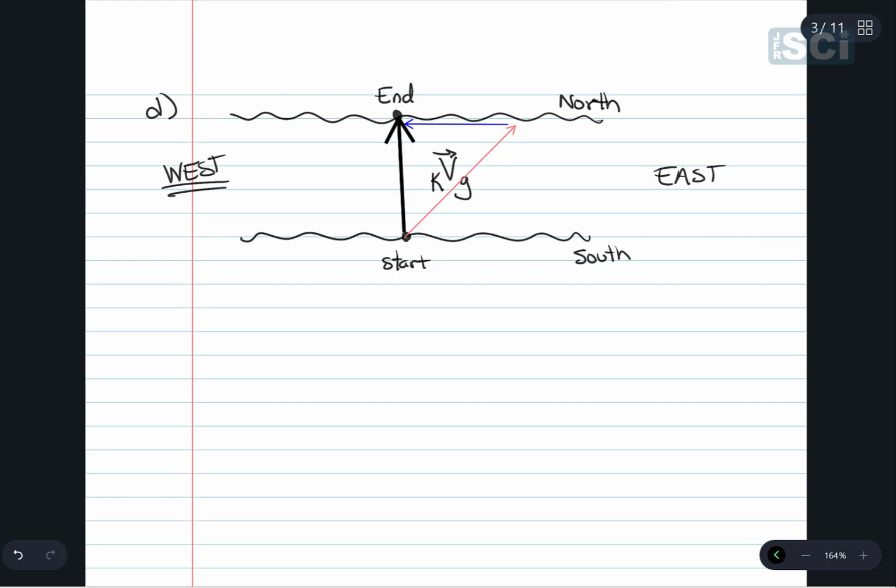So let's think about that. That says that the blue one here is the velocity of the water relative to the ground, and the red one here is the velocity of the kayaker in the water, because that's what I'm going to do. I'm going to kayak along the red line so that when the blue river pushes me back, I end up going straight along that black arrow.